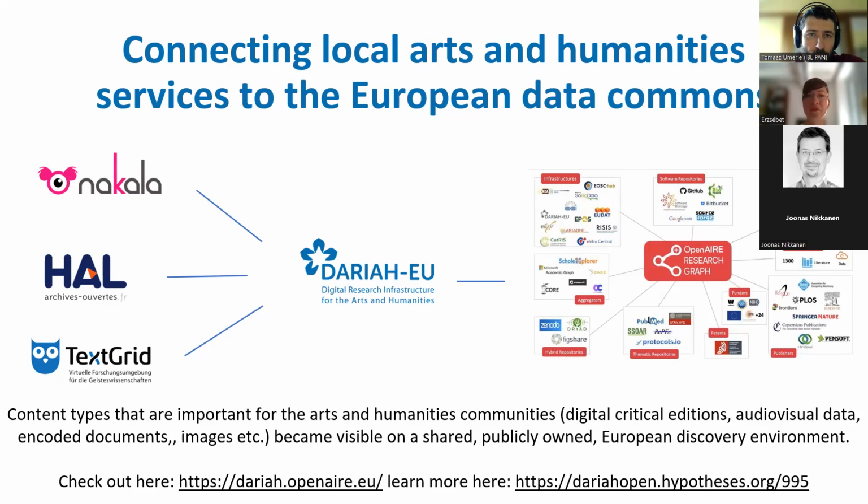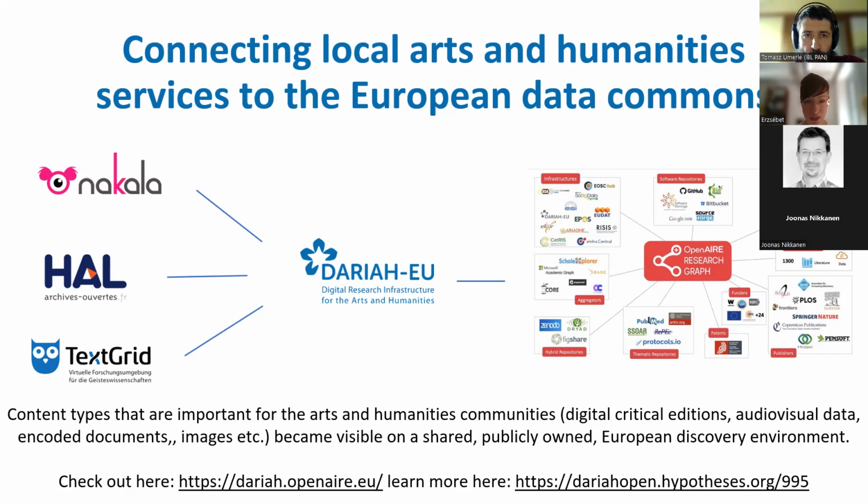And it was important for us to expand the range of the research graph with domain-specific content from the arts and humanities, and make content types that are important for arts and humanities scholarship, but are traditionally missing from metric services, such as digital critical editions or image data or research software, visible in the research graph.